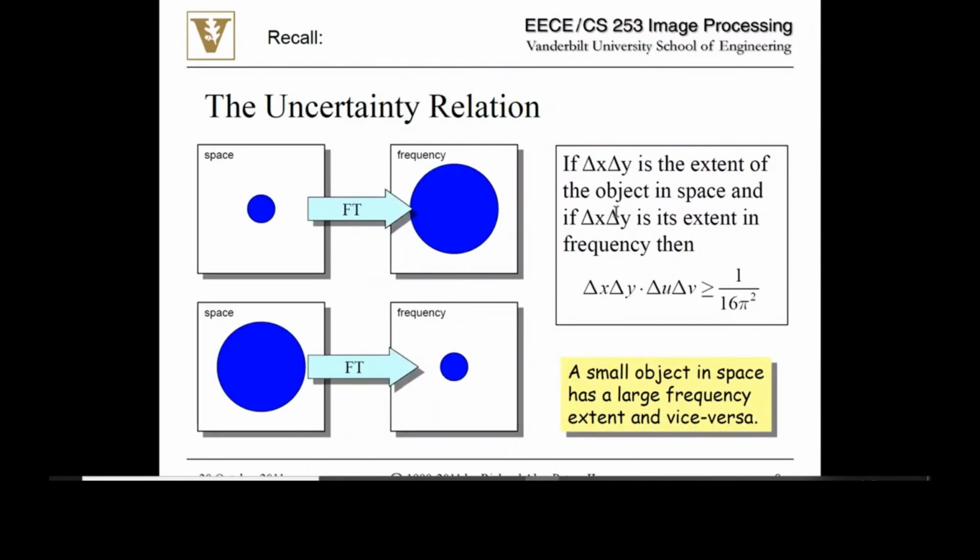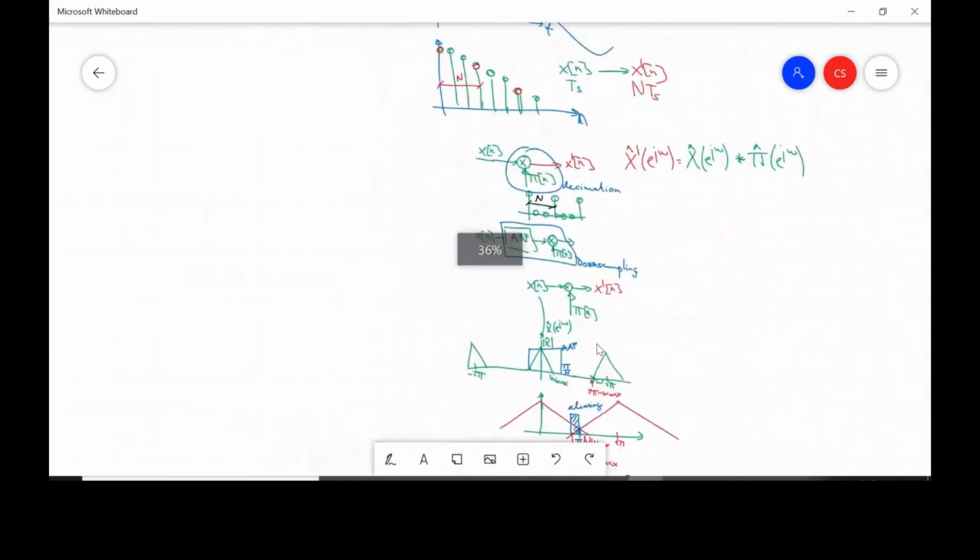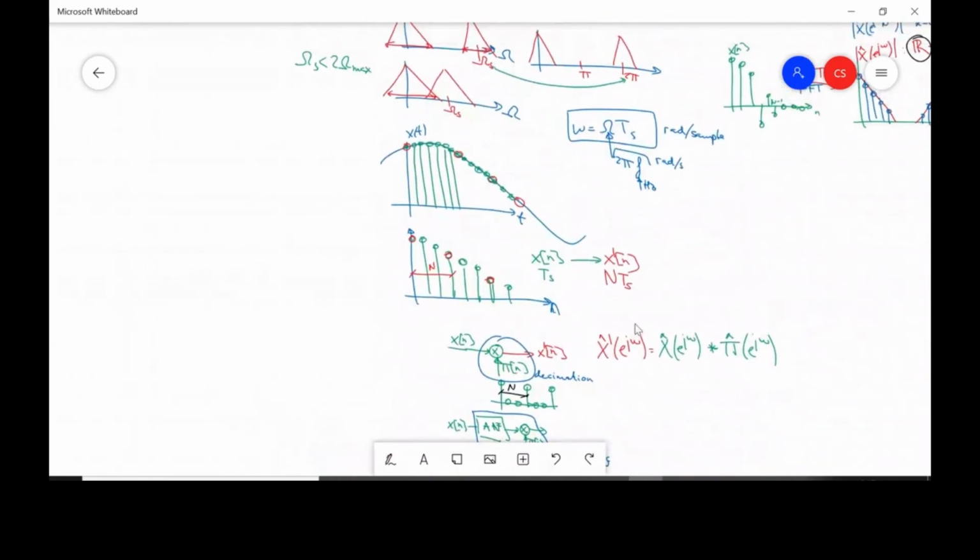Yeah, this is also related to this uncertainty principle that we have all the time. So if something is wide in one space, it is narrow in the other. And we saw it in this example here. So in this example, we already had that. Which one is wider, the red one or the green one in real space?